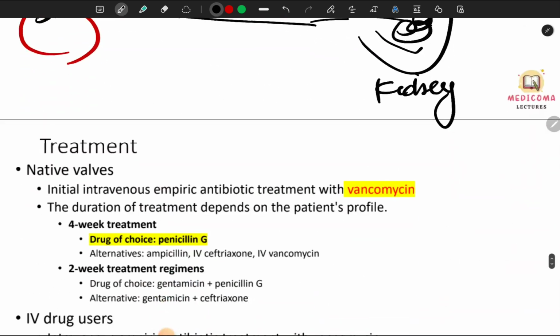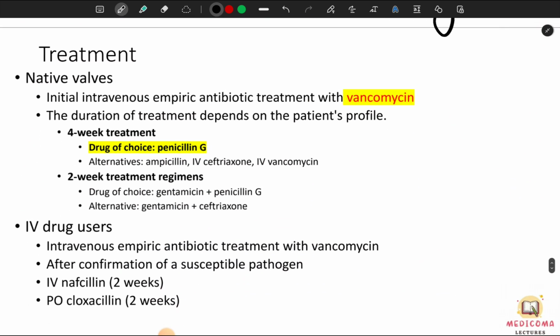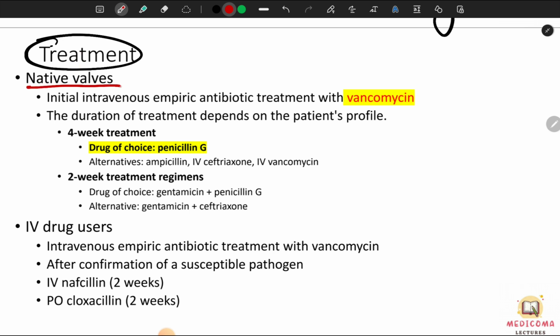So in the last part of infective endocarditis, we will discuss the treatment plan. What is the treatment if the valve is normal, a healthy native valve? Initially, intravenous empiric antibiotic treatment with vancomycin we will start.